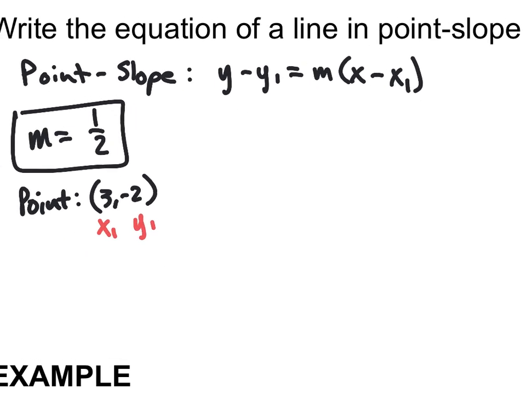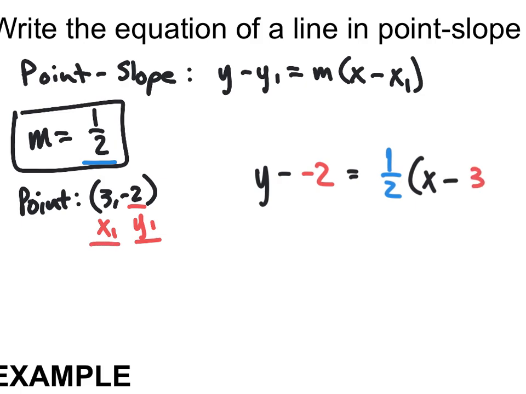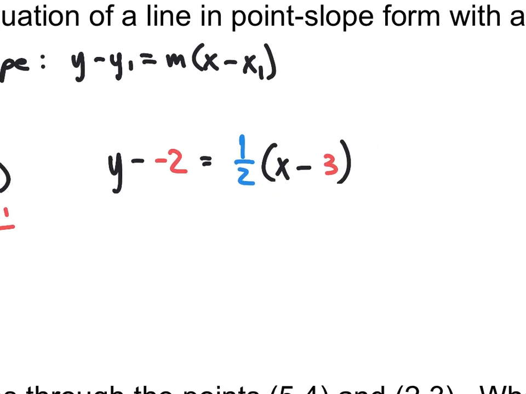So y minus y sub 1, which is negative 2, is equal to our slope m, which is 1/2, times x minus x sub 1, which is 3. We're almost done. The only thing we have to do is simplify subtracting a negative. I would write this as y plus 2 is equal to 1/2 times x minus 3.